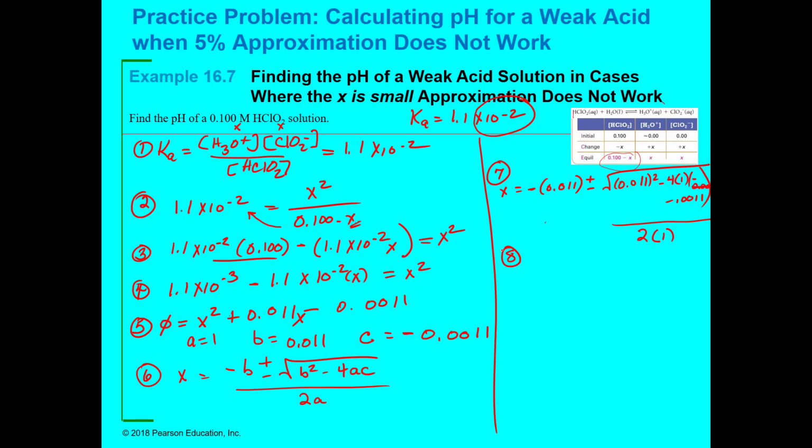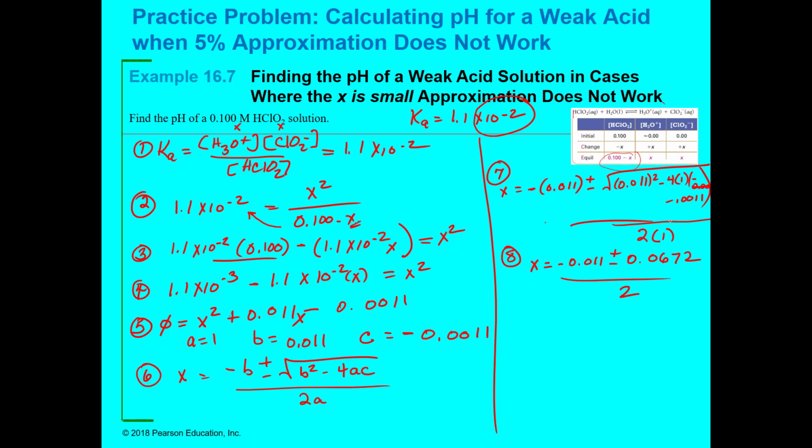All right, so when I do all that math, and again, you've got to be one with your calculator and make sure that you can get these, okay? A negative 0.011 plus or minus 0.0672 divided by 2, right?